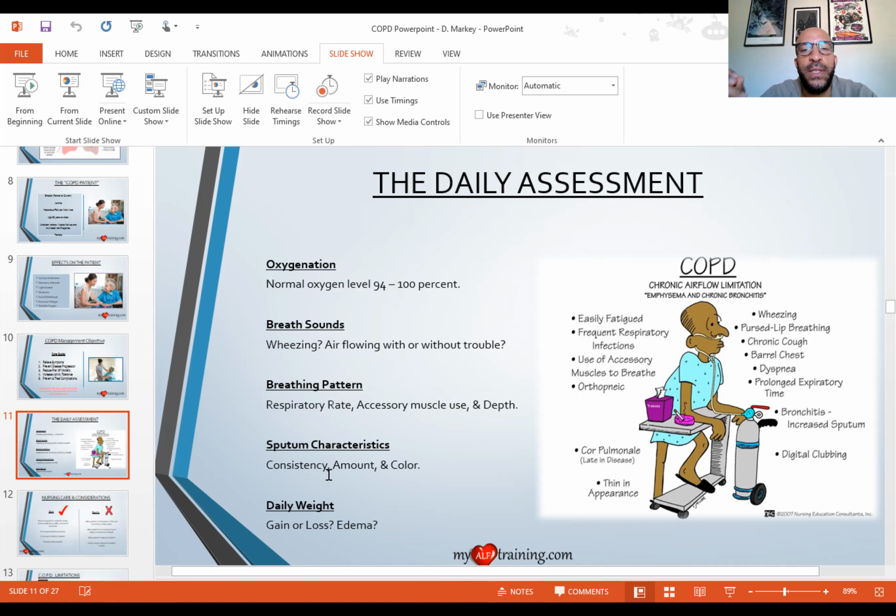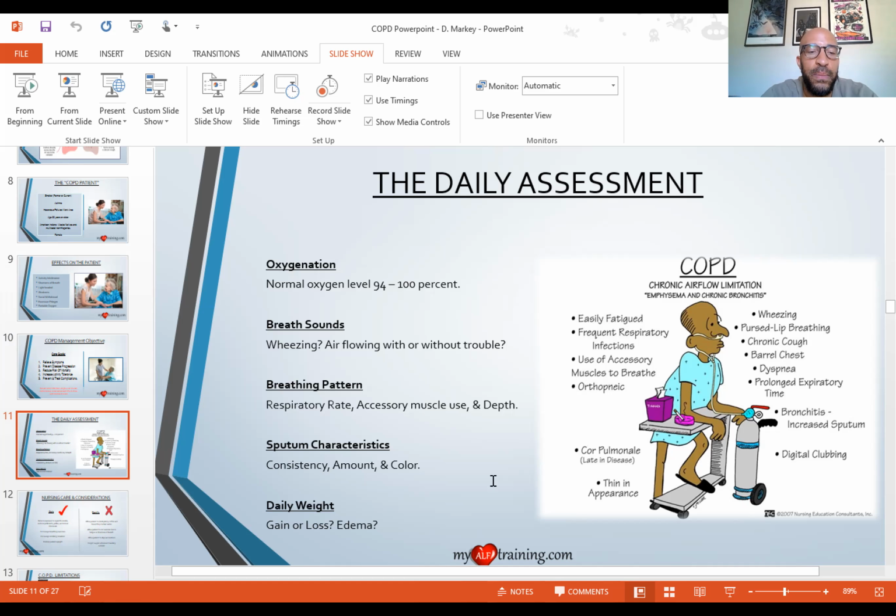So every time you assess your patient, you should ask them, do you have sputum? What color is it? They're going to want to show you. That's fine. But we need to make sure that we're taking note or asking the patient about their sputum. Okay. So, daily weight.